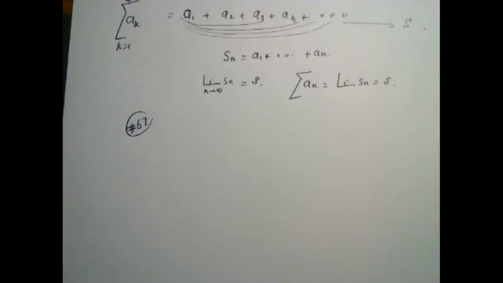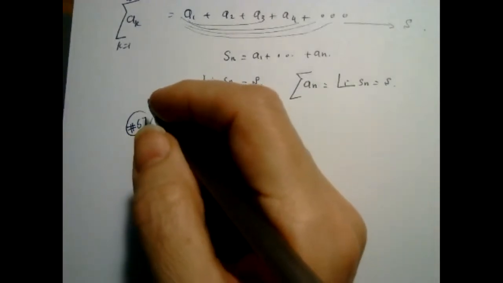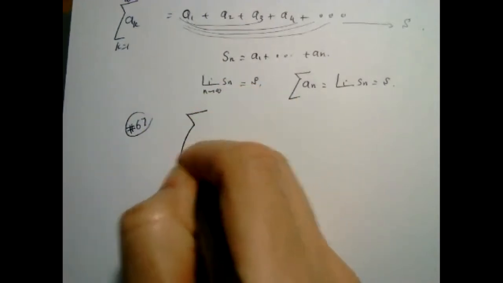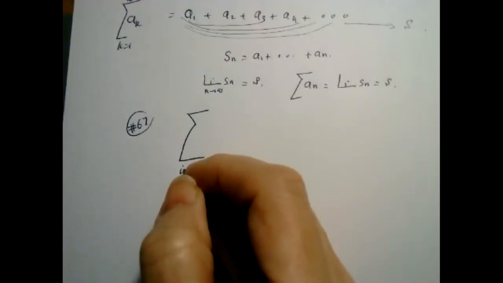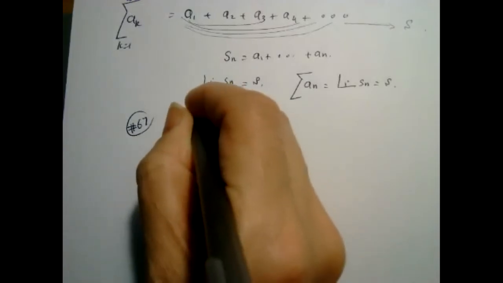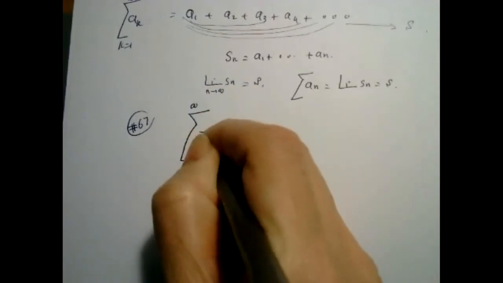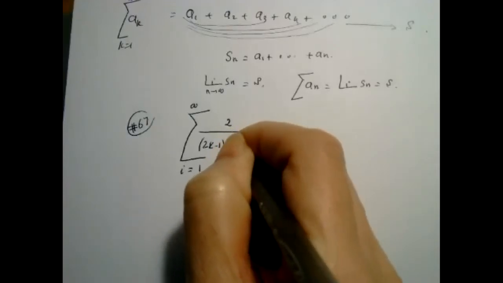So number 67. All right, they give us the following series: summation k equal 1 to infinity of 2 over the quantity 2k minus 1 and 2k plus 1.